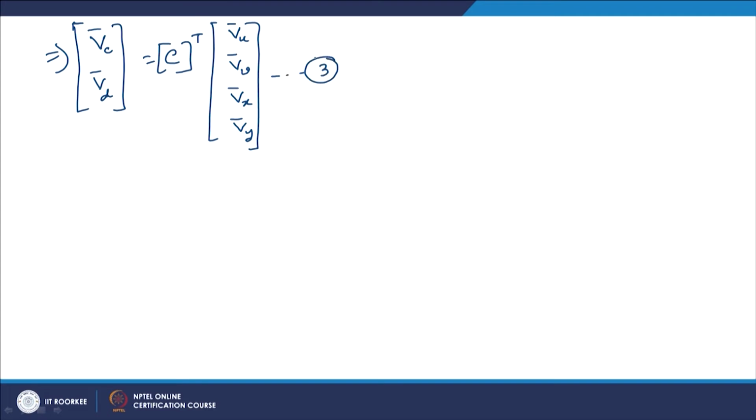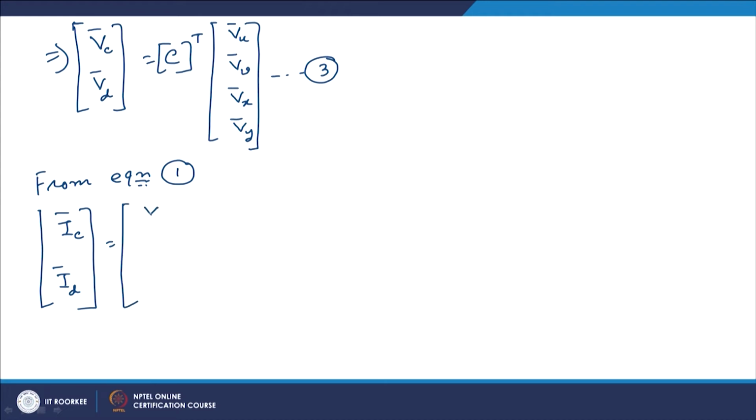Suppose from equation 1, IC ID is equal to YC YM YM YD times VC VD.